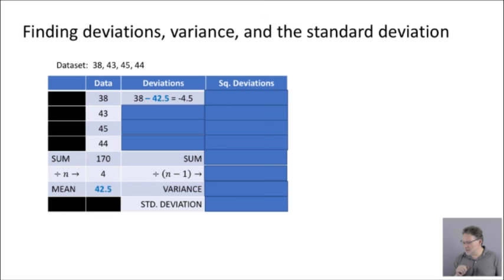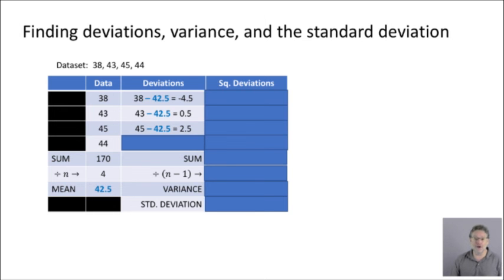In this case, 38 minus 42.5 is negative 4.5. This data value is smaller than the mean, and some of the others will be positive because they're larger than the mean. Now the same with the other data values: 43 minus 42.5 is 0.5, 45 minus 42.5 is 2.5, and lastly 44 minus 42.5 is 1.5.